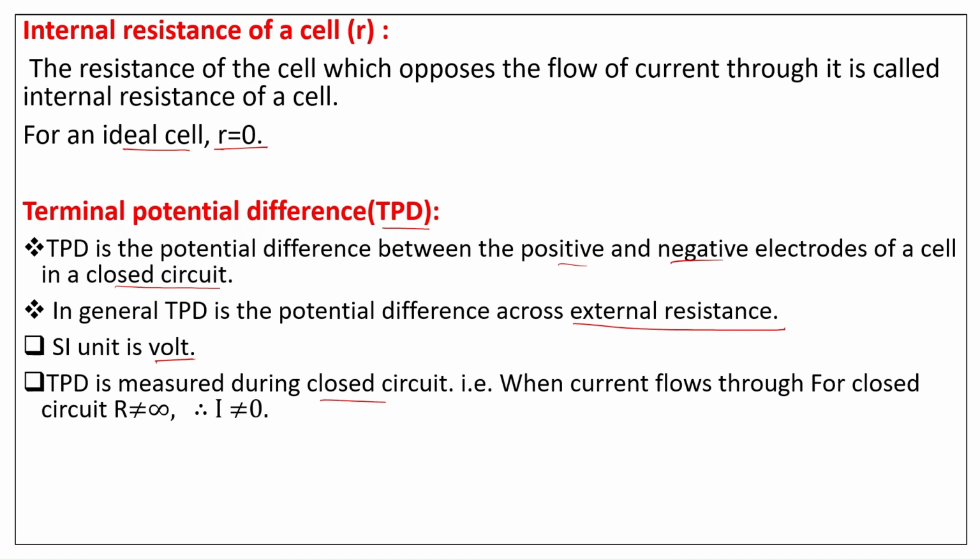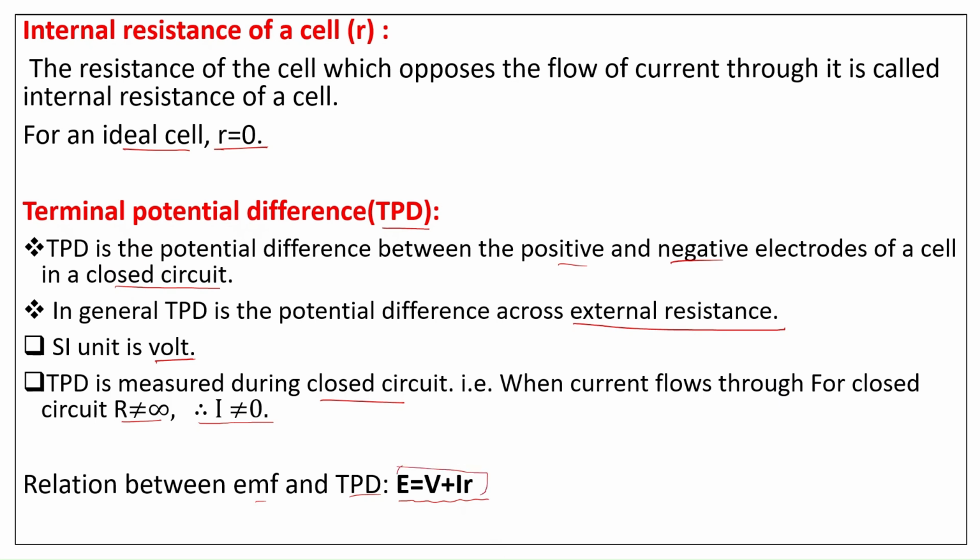TPD is measured during closed circuit, that is, when current flows through for closed circuit. R is not equal to infinity. Therefore, I is not equal to 0. The relation between EMF and TPD is E is equal to V plus Ir.